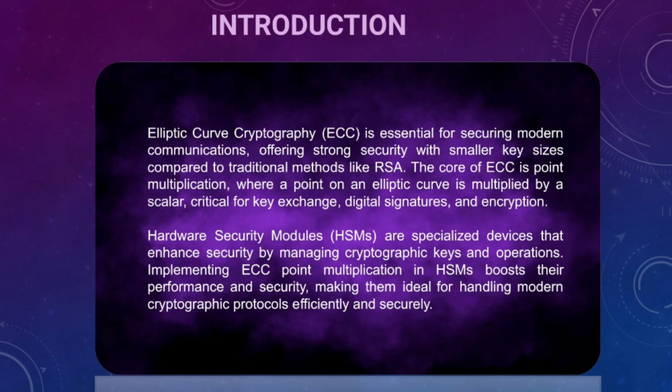So basically, the widely used algorithms in these security models, which are used for secure communication, are digital signature and key agreement, which are based upon elliptical cryptography. A core operation which is used in ECC is the point multiplication. That is the information we got in the abstract paper.